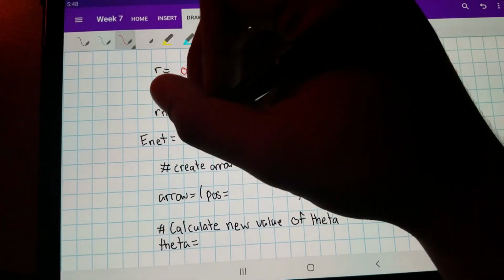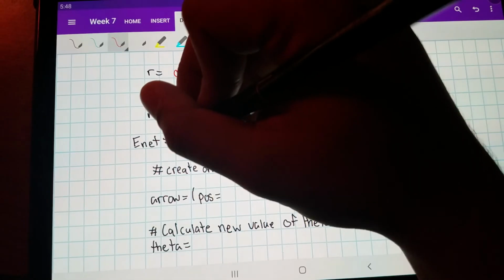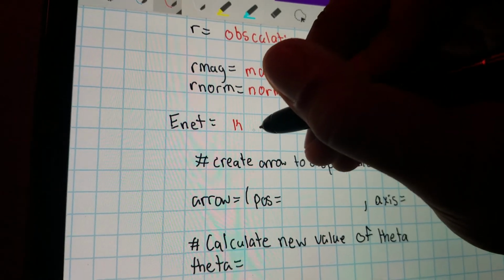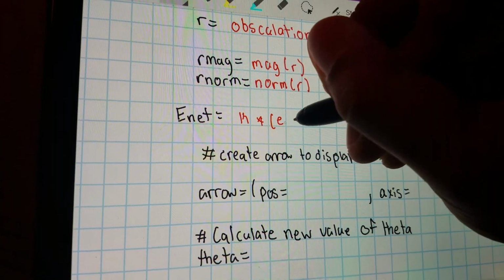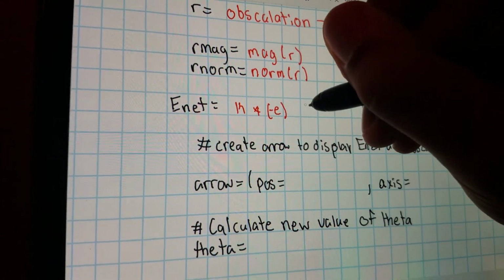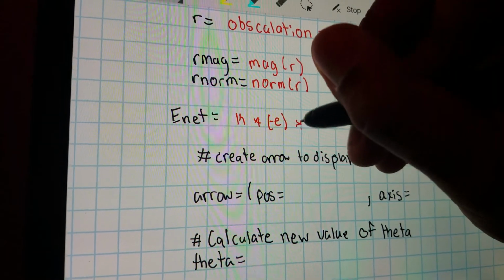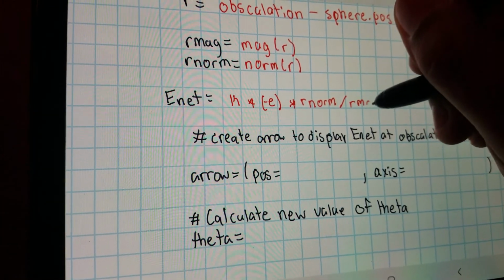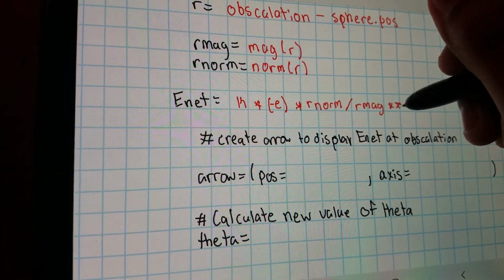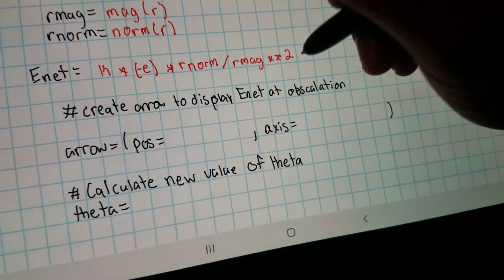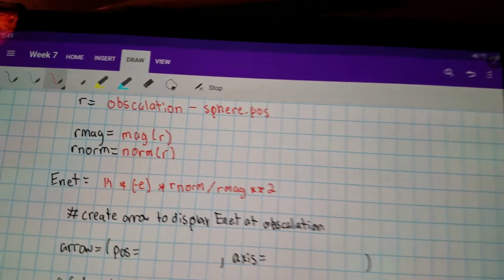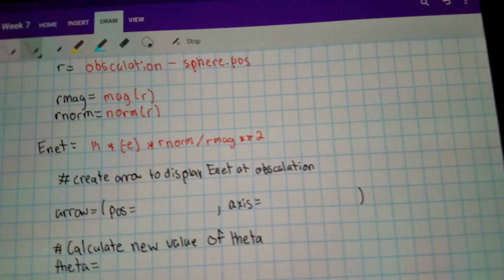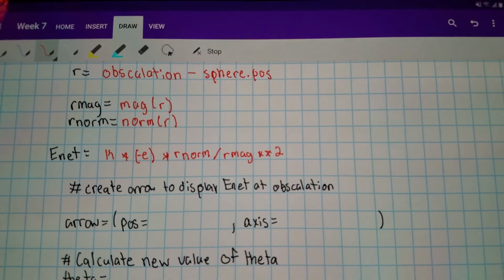There are plenty of different things, but since we have a circle here and the charge is being caused by a point charge, we can just use our constant K. So as we can see, we're using K times negative e, because we know it's an electron, so it's going to be that charge but negative, times R norm divided by R mag squared. Well, that's basically just the point charge formula, which if you didn't know by now, you should be able to know, because it's a vital part of the beginning of Physics 2.